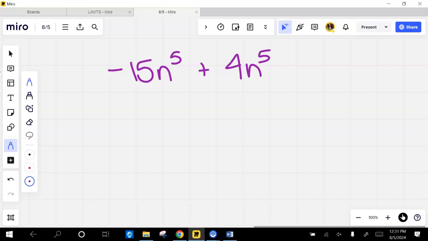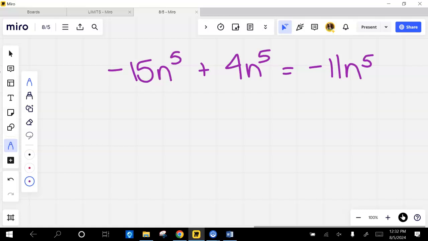The coefficients, I got one positive and one negative. Does that matter? No. So what do they combine to become? What is negative 15 plus 4? Negative 11 to the fifth. Everybody okay? All right.